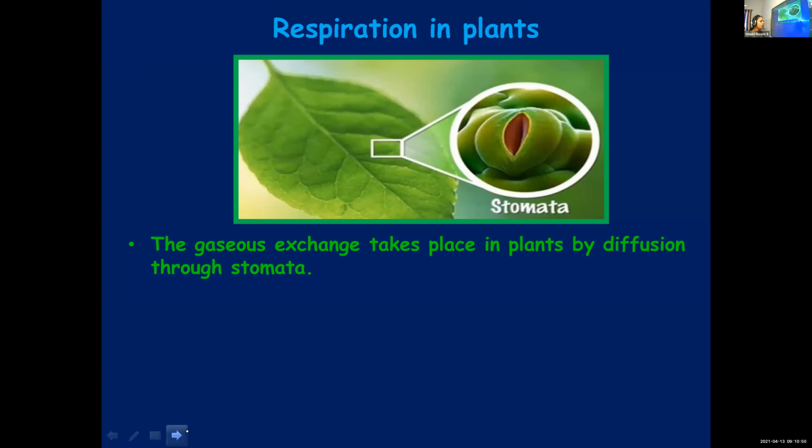Diffusion, you already know, is the movement of molecules from a region of higher concentration to a region of lower concentration. So in plants, gases are exchanged by diffusion through the openings known as stomata.